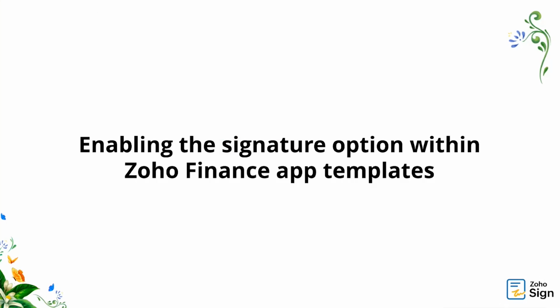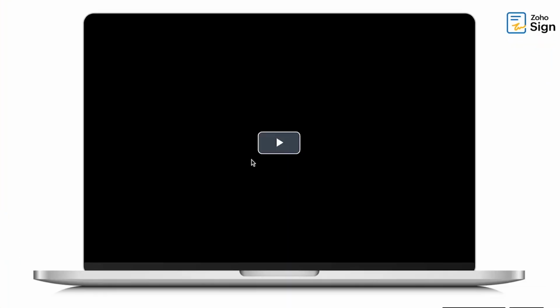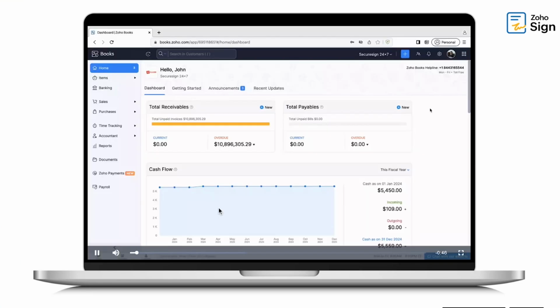Next, let's explore the process of enabling the signature option within Zoho Finance app templates. First, log in to the appropriate Zoho Finance application. The user interfaces of the Zoho Finance applications we are discussing today are quite similar.